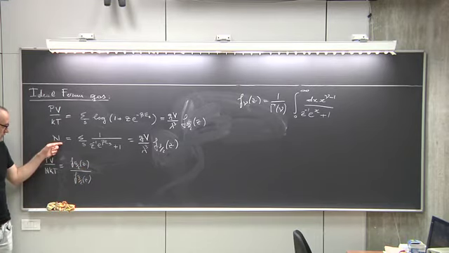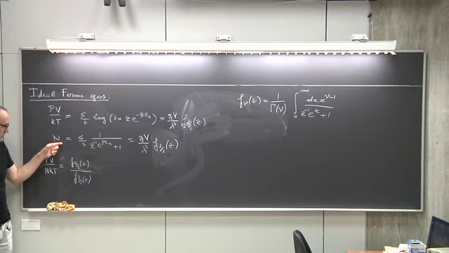So if you are at high temperature or low density, then this will be small, and this will correspond to the regime of z where this function is small.